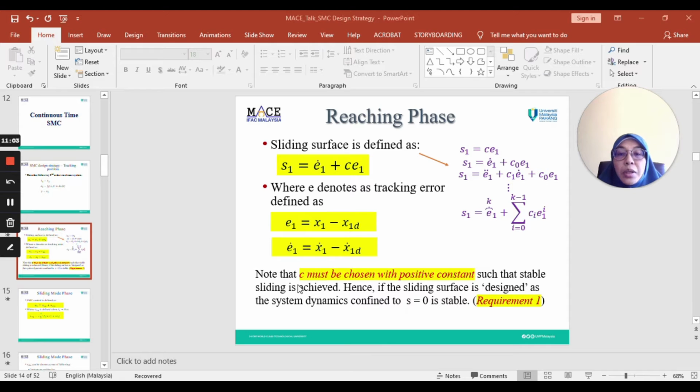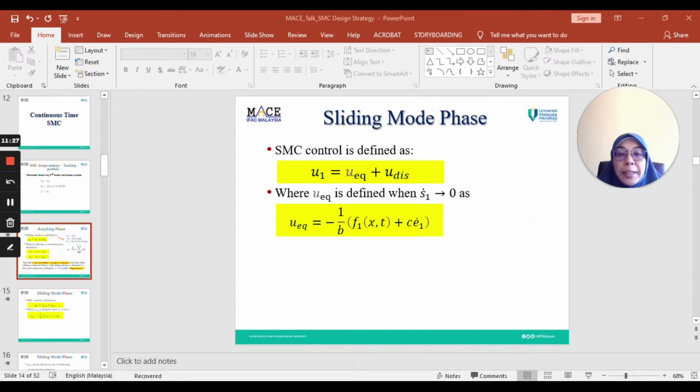We have to choose a positive constant C such that stable sliding is achieved. If the sliding surface is designed such that the system dynamics confined to S equal to 0 is stable, then we meet requirement number 1.